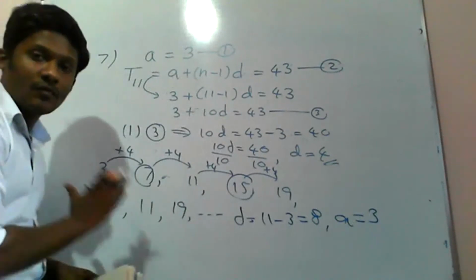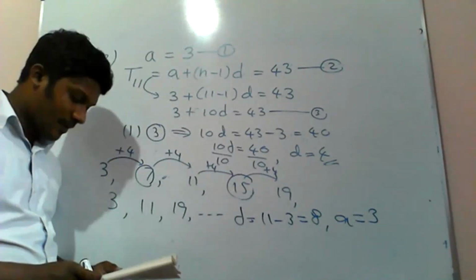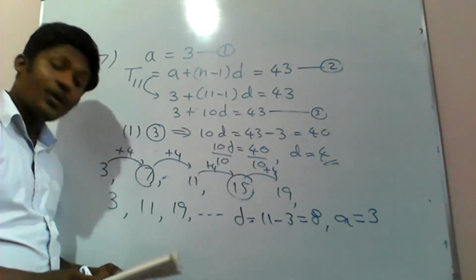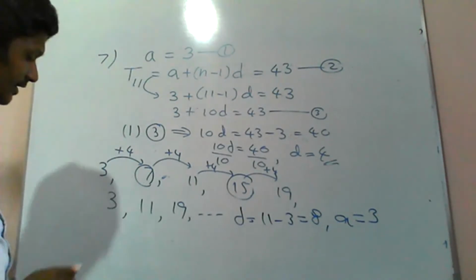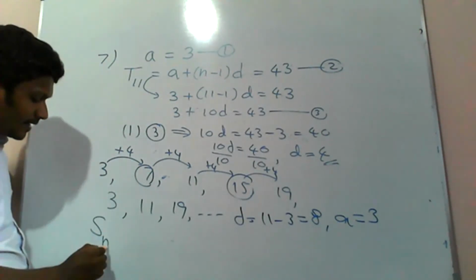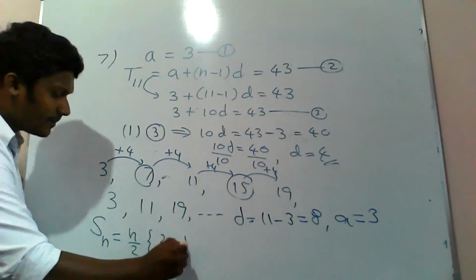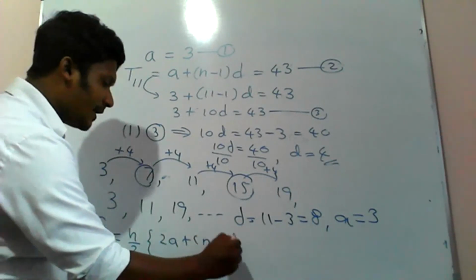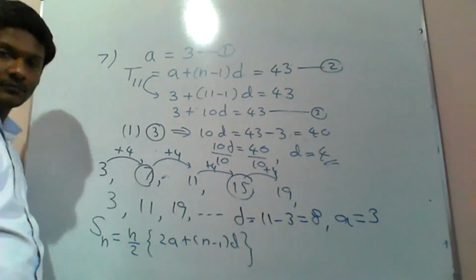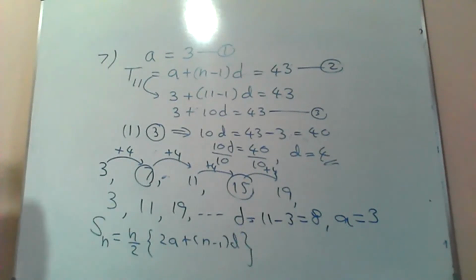Then we can find the sum of the first 20 terms. Now we write the equation for the sum: Sn equals n over 2 times the bracket 2a plus (n minus 1) d. Right?